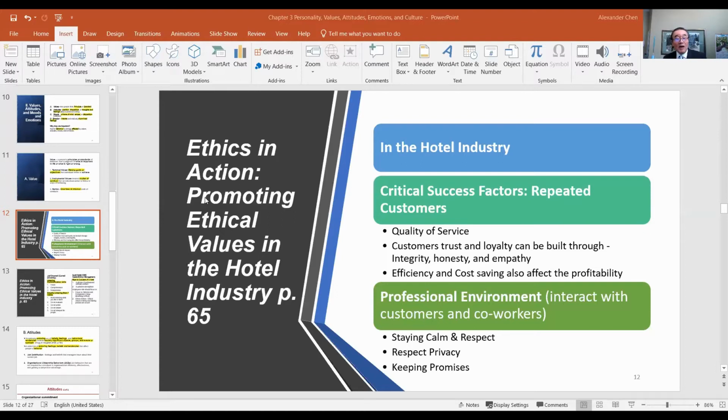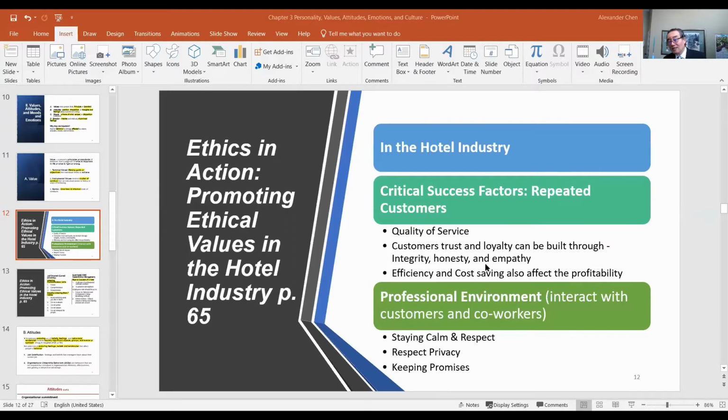Talking about promoting ethical values in the hotel industry. In the hotel industry, what's the critical success factor? Repeated customers. Quality is important, physical and service. Customer trust and loyalty. And the trust and loyalty are going to come from where?